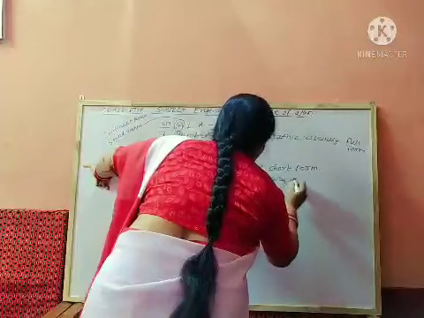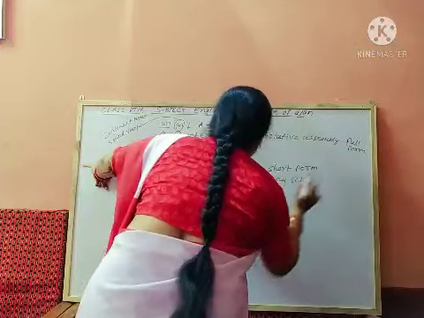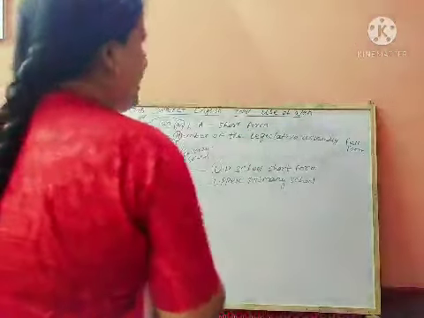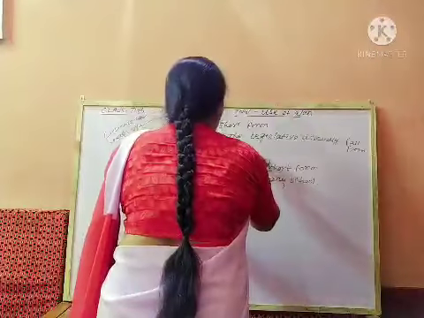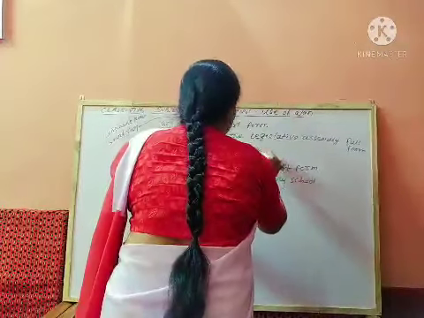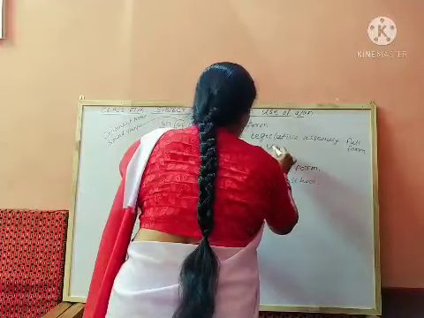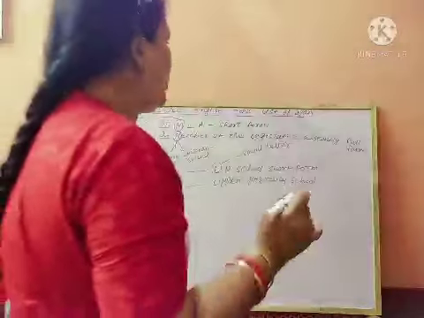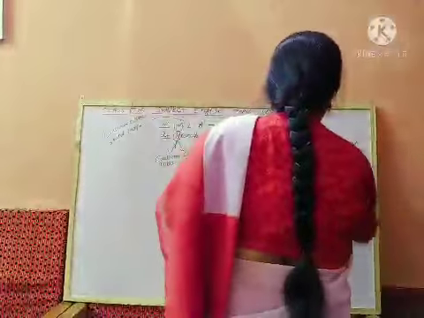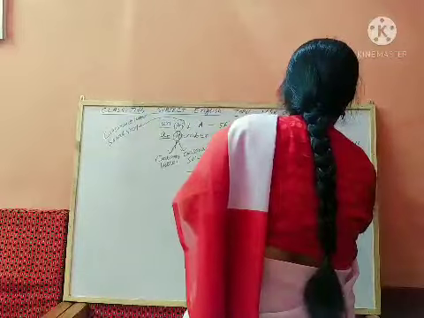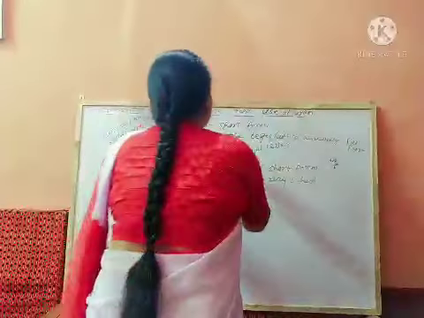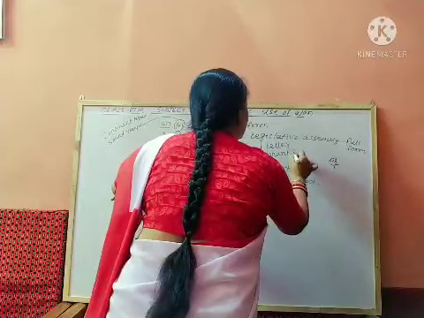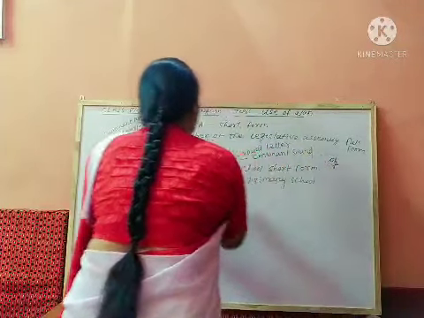Before, U is the vowel letter, but the sound in this place is "yu", a consonant sound. So in this place we use A.